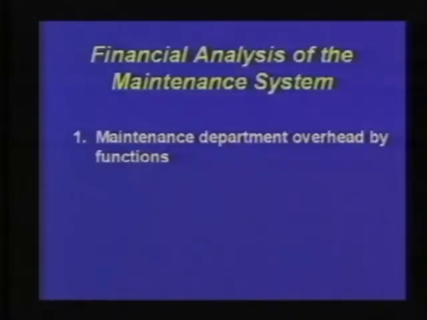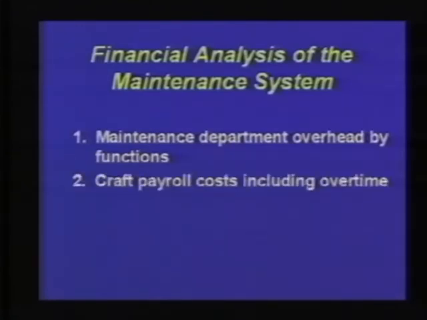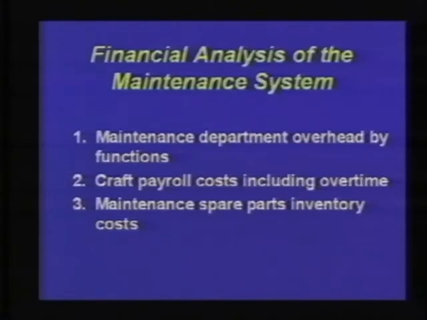So, starting off with item number 1, we may want to demonstrate the maintenance department overhead by function. And we do have a list of more common overhead activities on another page within this section. We also would like to determine the craft payroll cost, including overtime. We want to track the maintenance spare parts inventory costs.